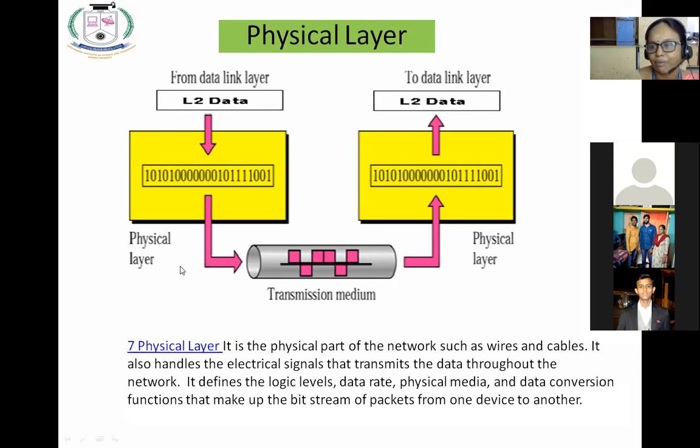Whatever the packets or segments may be, finally when it comes to the physical layer, it will be in the form of bits only. Through that it will receive, and once again it will be sent to the data link layer. So far we have seen the interface layer, but here the interface layer is nothing but the transmission media. Is that clear?